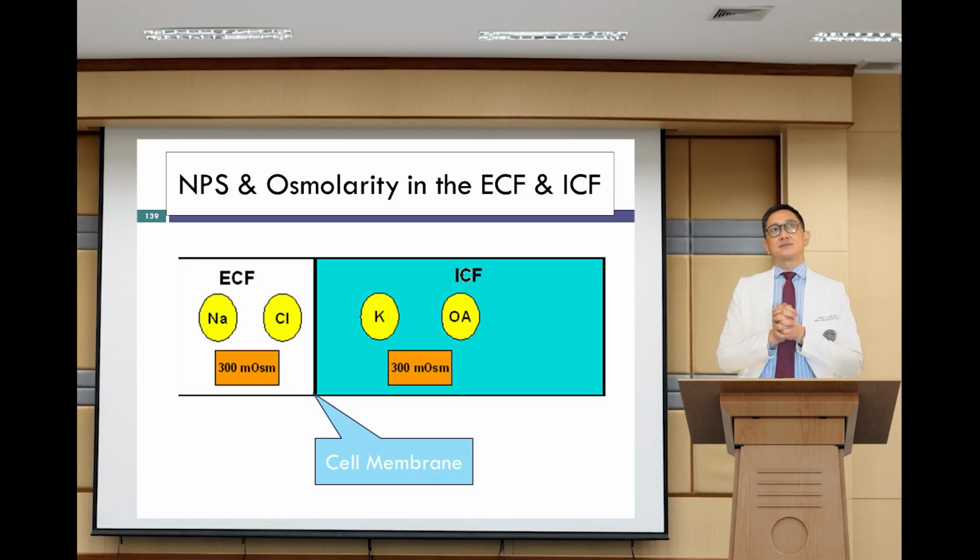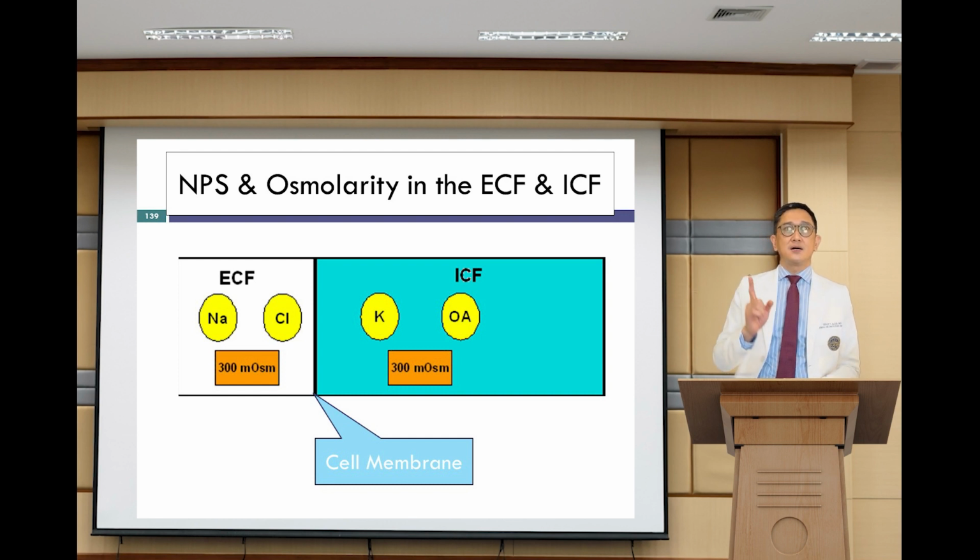So what does non-penetrating solute do with the osmolarity and the ECF and the ICF? So when you talk about non-penetrating, non-permeable, these are the solutes that will not be able to cross the membrane. Examples of which are your sodium chloride, potassium, and your organic acids.